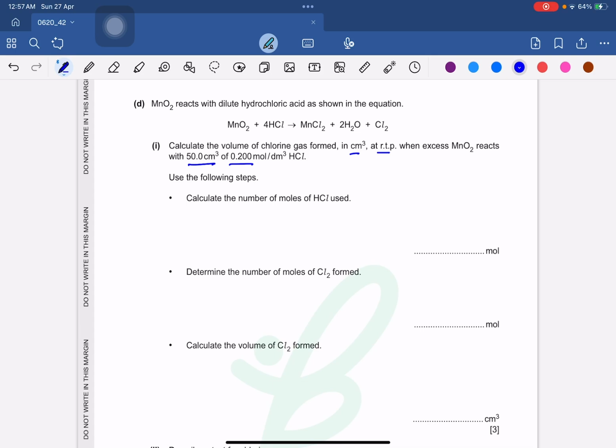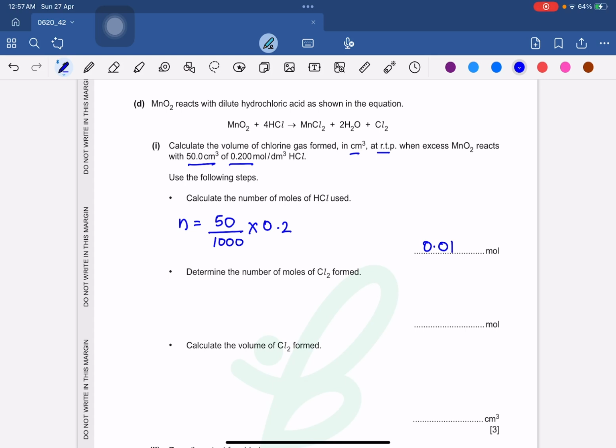So the first part says find the number of moles of HCl. One formula for number of moles is volume times concentration, but I'll have to convert the volume into dm³. So that will be 50 by 1000 times 0.2. The answer comes out to be 0.01.